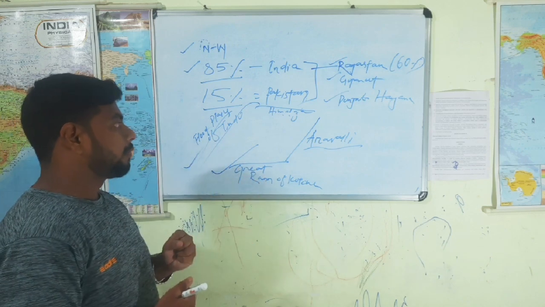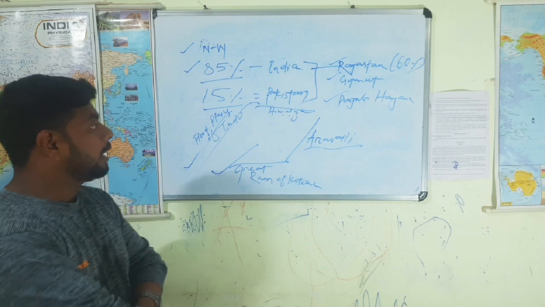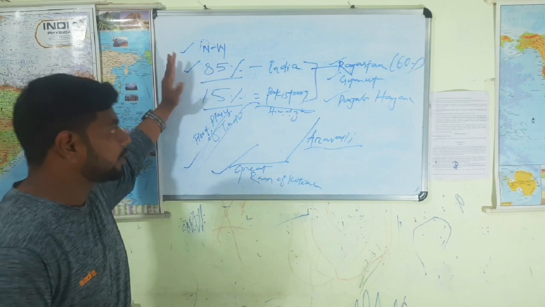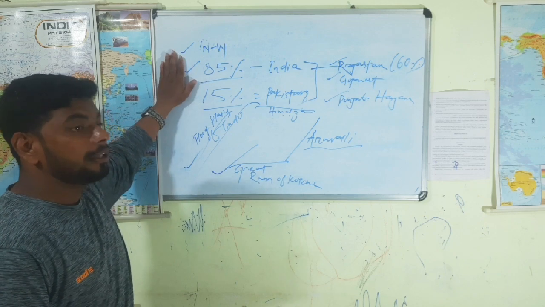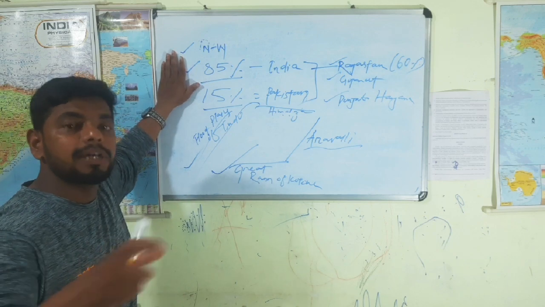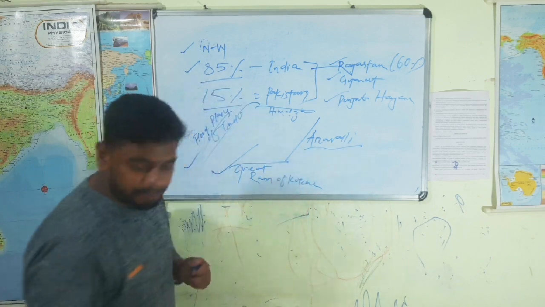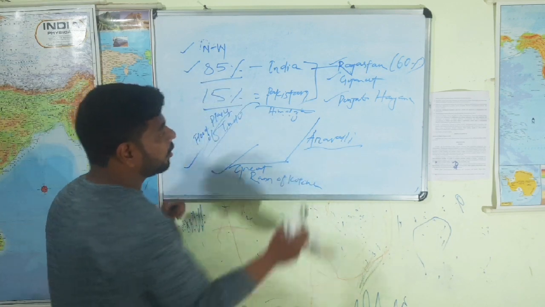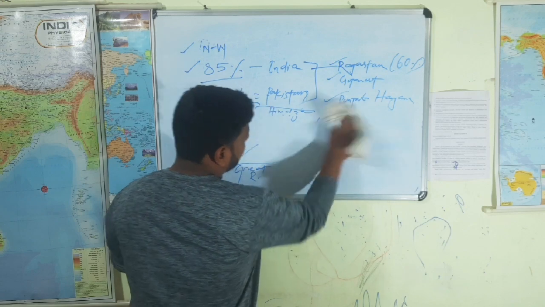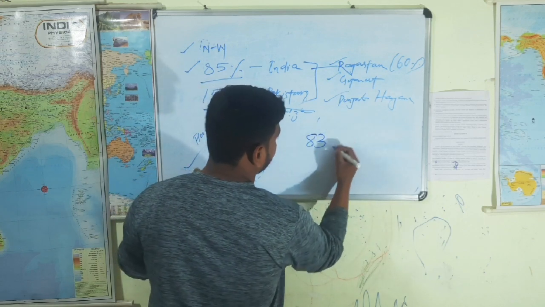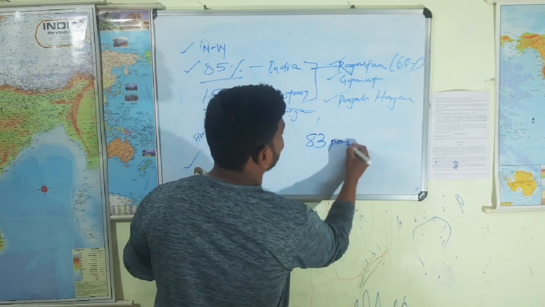Let me tell you. As I already told, one of the unique features of the Great Indian Desert, the Thar Desert, is that it is the world's most populated desert. In fact, the density of population of the Thar Desert is more than 83 persons per square kilometer.